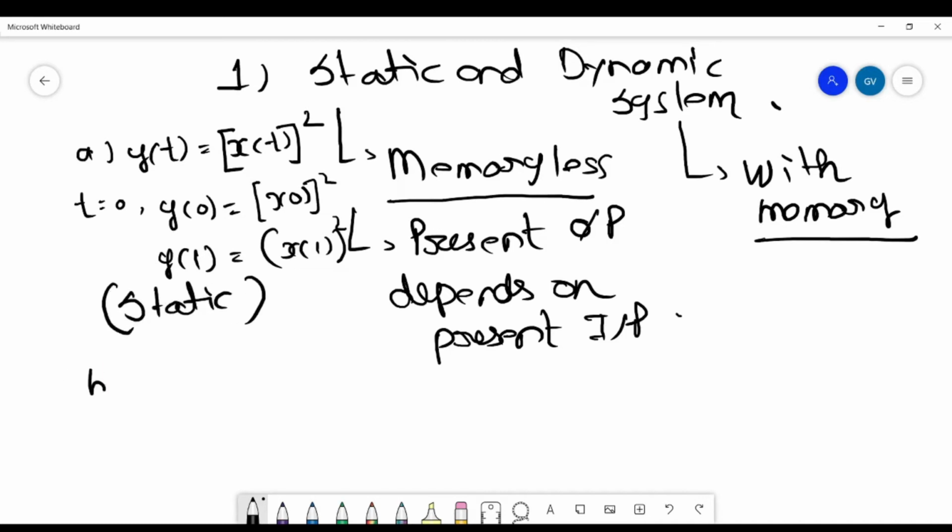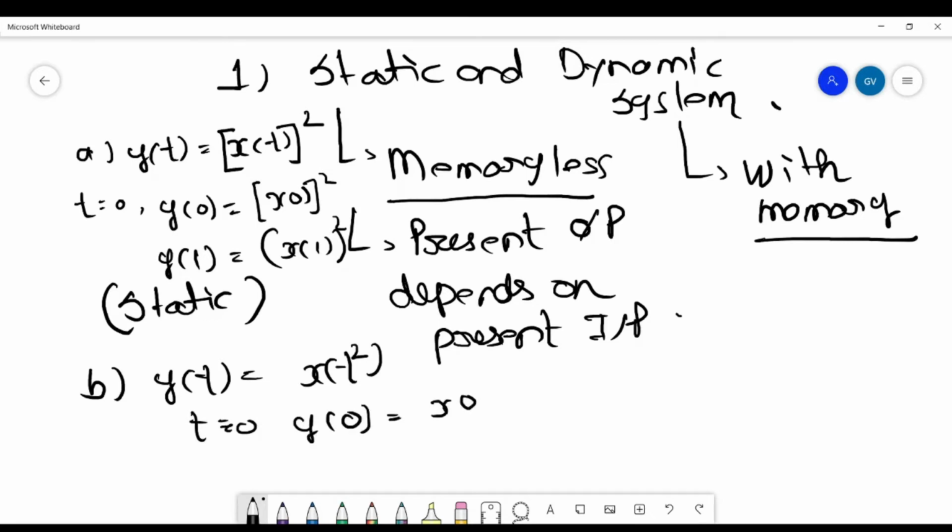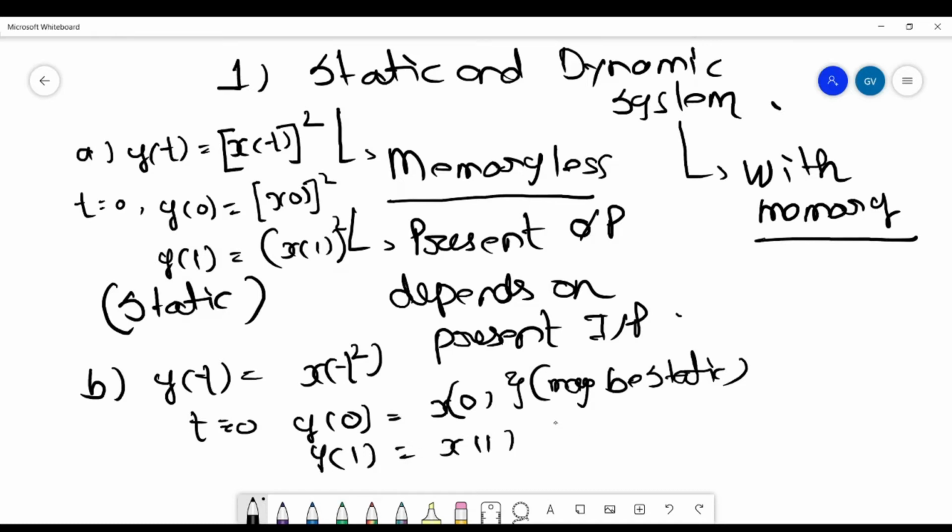Now let's take another example. Y of t is equal to x of t square. For t equal to 0, y of 0 is equal to x of 0. Till here we can say that it may be static, but we cannot confirm. If I check for t equal to 1, again it can be static.